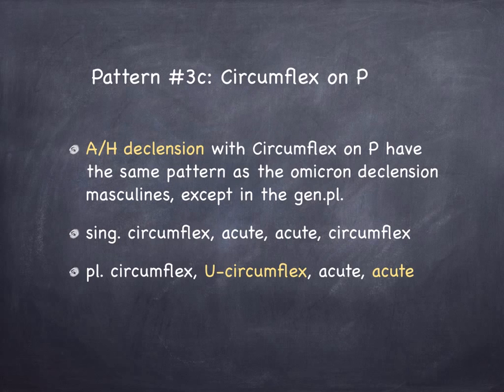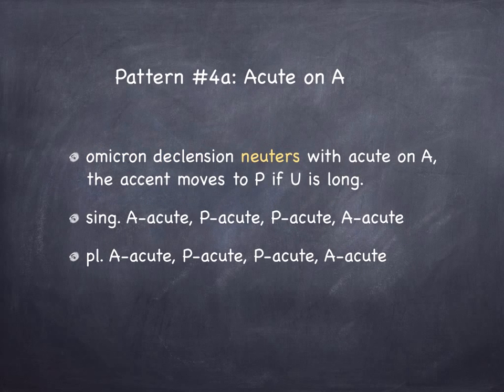3C for the eta alpha declension, again, it pretty much follows the same pattern as the masculine in the omicron declension, except of course the genitive plural, where you're going to get that circumflex on the ultima. 4A, acute on antepenult. For neuters, the accent will be pulled to the penult if the case ending is long. And so we see an alternation pattern where the nominative and accusative will always have an acute on the antepenult, whereas the genitive and the dative will always have an acute on the penult.